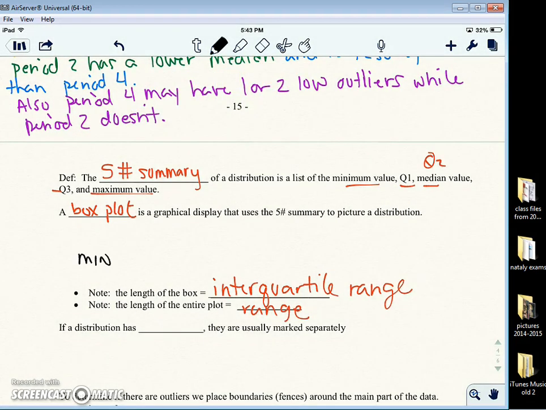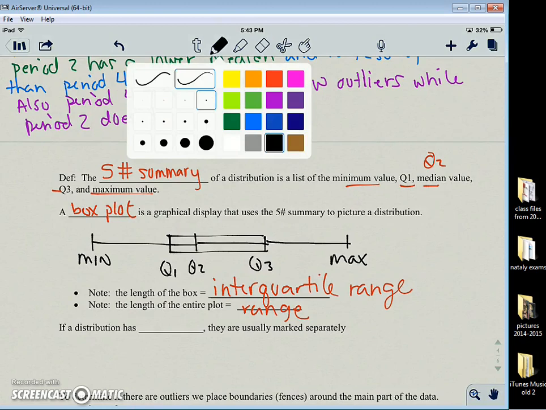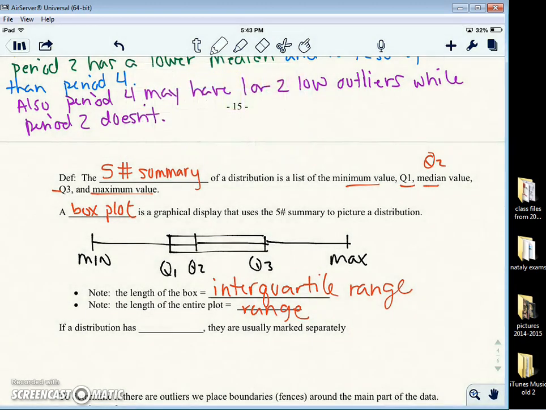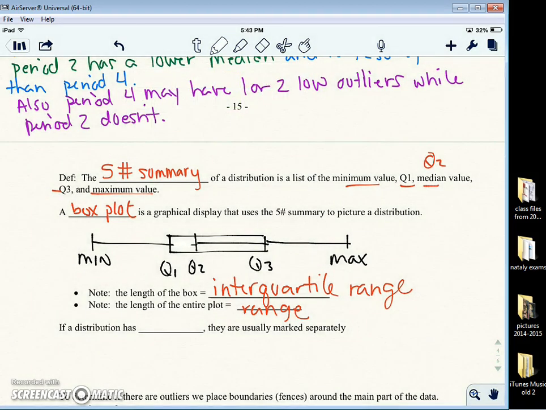So it's going to go something like this. We have the min, wherever Q1 is, to the median, so the Q2, Q3, and the max. And you really don't need these lines right here.